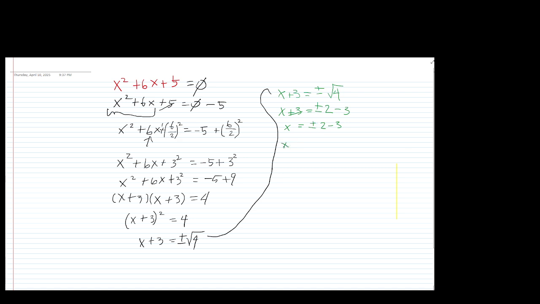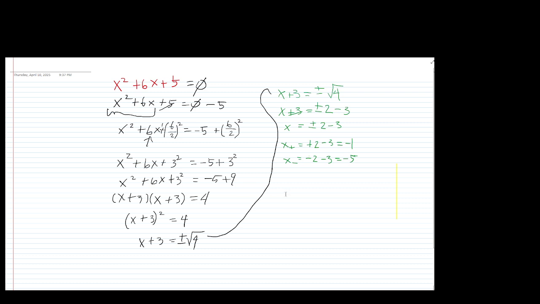So let's call this x with a positive and x with a negative. So now you get the positive 2 because of the positive, and the other one is a negative, so you have minus 2 minus 3. Plus 2 minus 3 equals negative 1. Minus 2 minus 3 equals negative 5.